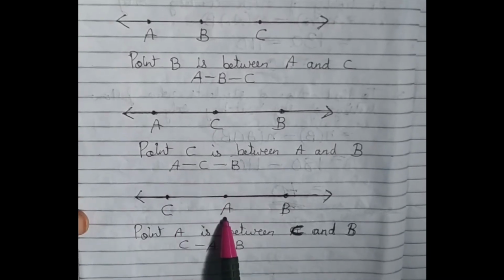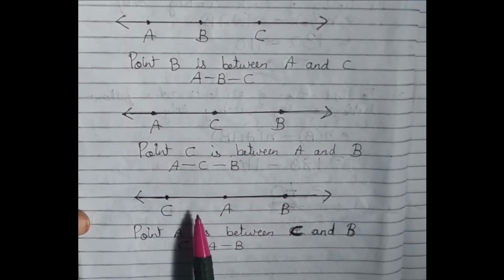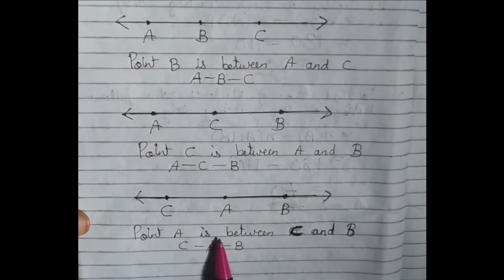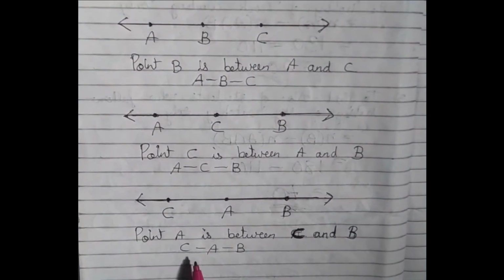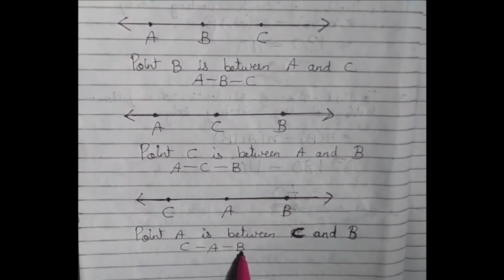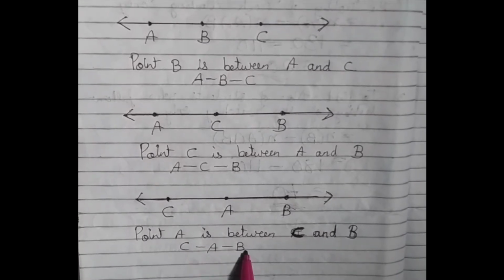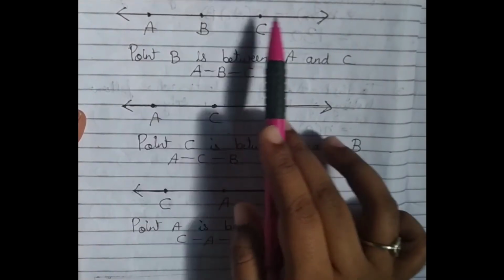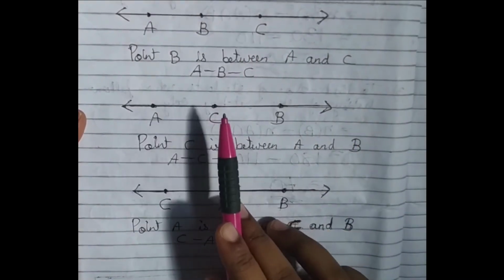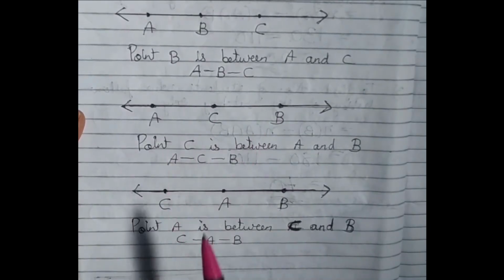The third possibility, point A is between C and B. So we write C-A-B. We can see betweenness only when the points are collinear. Remember this: for finding betweenness, the points should be collinear.